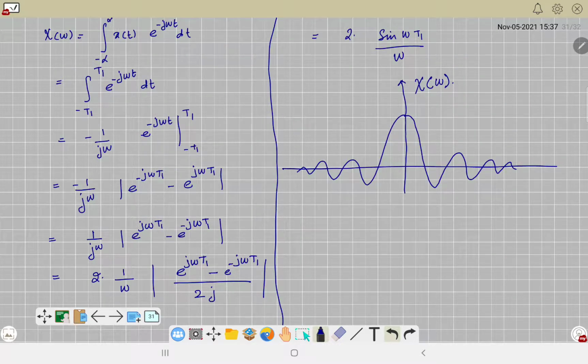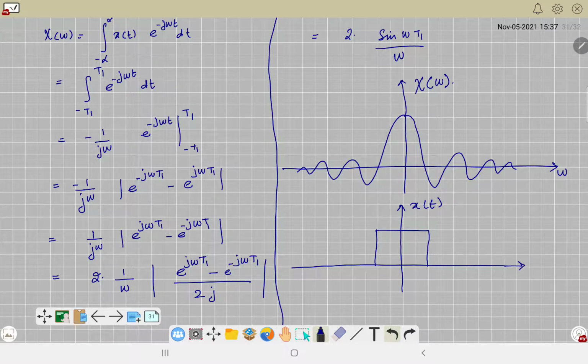But in the frequency domain, that is when we plot it against omega, this is its equivalent representation. You will often see this in your communications course, we use this a lot in communication. So this is the time domain representation, this is the frequency domain representation.